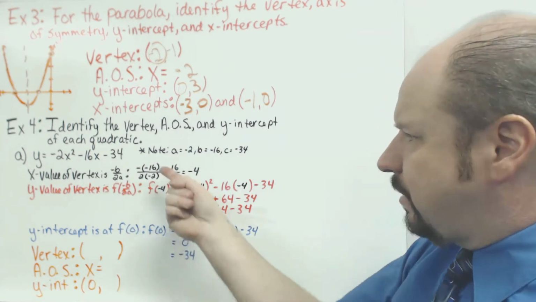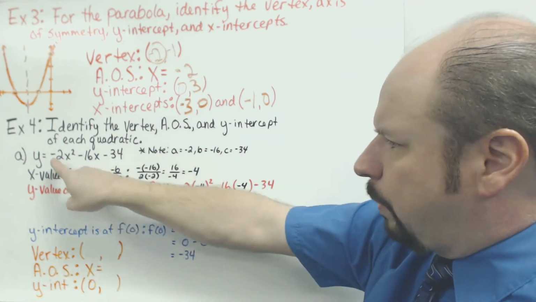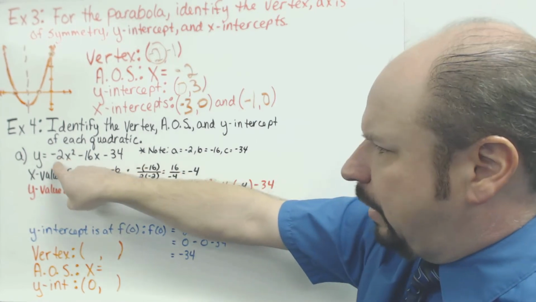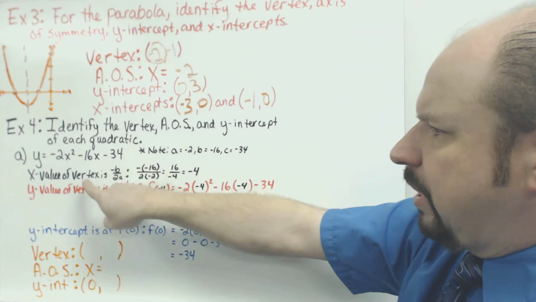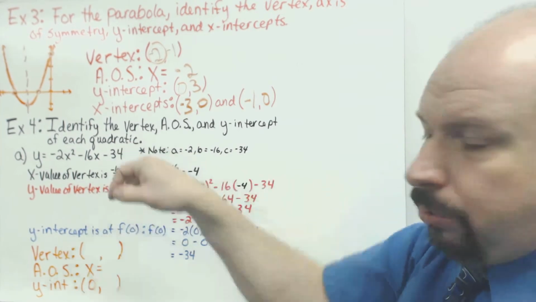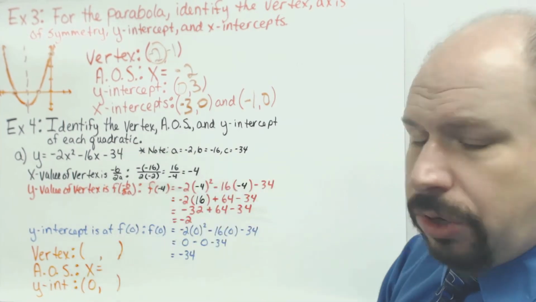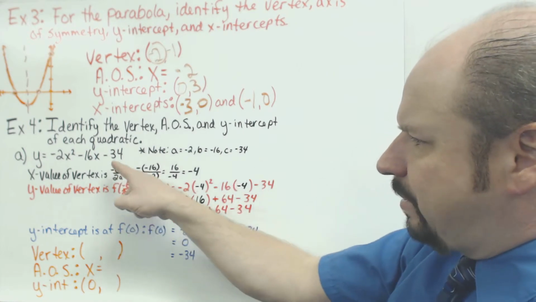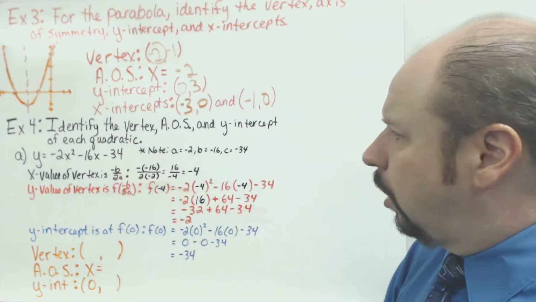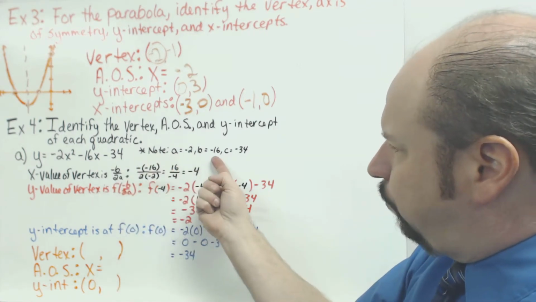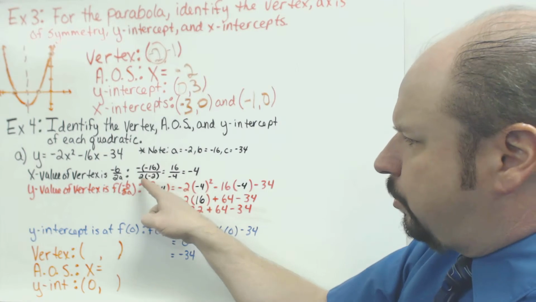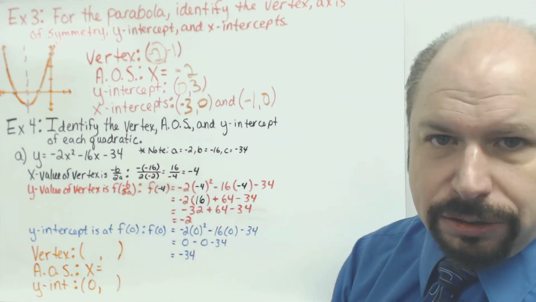Note that, remember, this is ax squared plus bx plus c. So our a value is -2, our b value is -16, and our c value is -34. The x value of our vertex, like we mentioned earlier, is at -b/2a. So if I take a look, -b, the opposite of -16, over 2 times a, and a is -2.